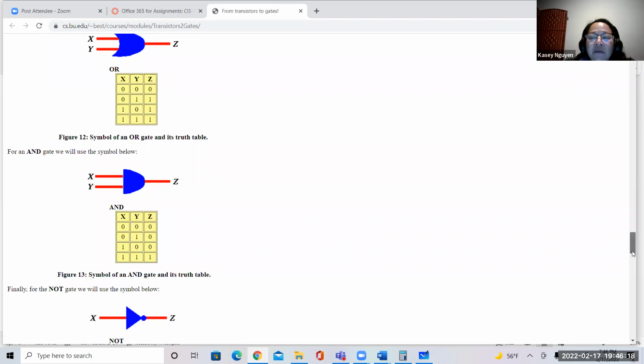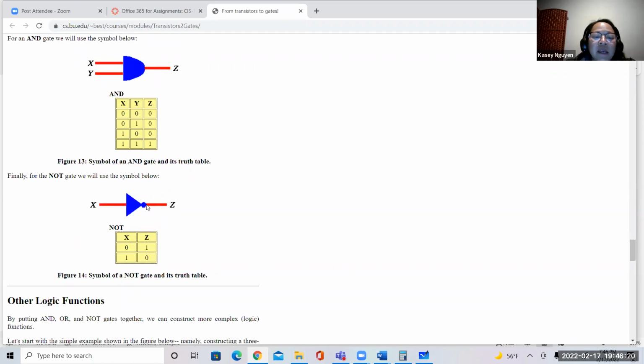The NOT gate, usually you would see a small bubble, a triangle attached to a small round circle. So when we do a NOT AND, we simply attach the NOT gate to the AND. It's going to AND it, and then it's going to NOT it before it gives out the output.